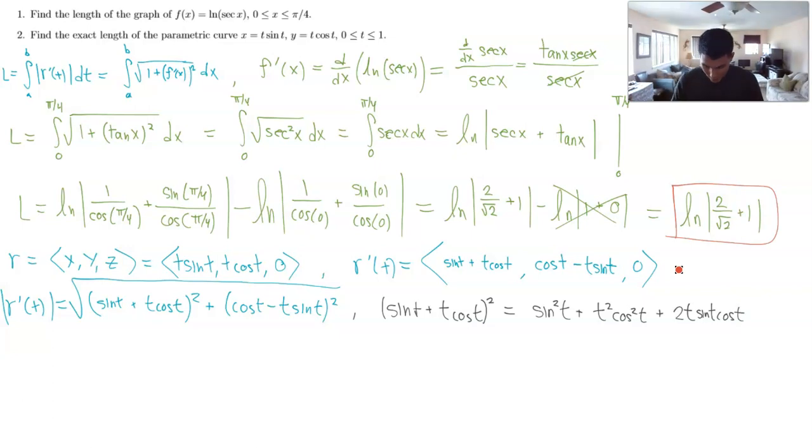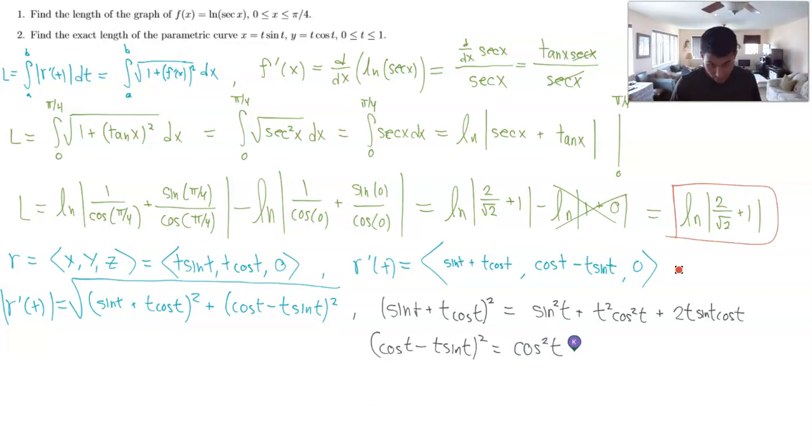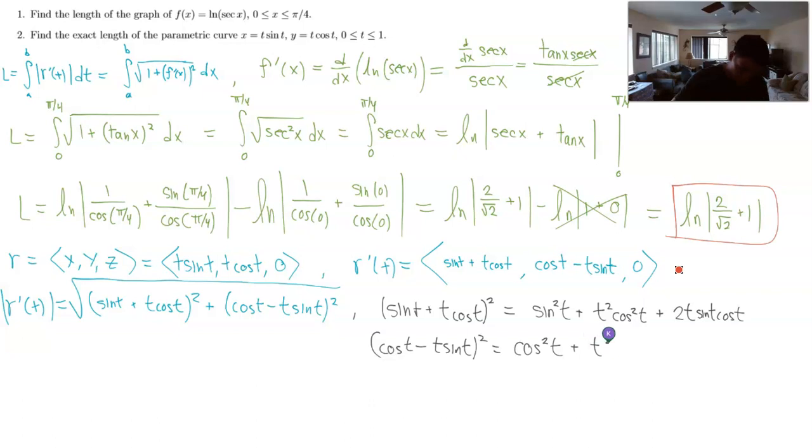Okay. The next one, what do we got for this one? We got cosine t minus t sine t, squared. It's going to be kind of similar. We got cosine squared t plus, and then we'll see a negative t sine t times a negative t sine t. It's a positive t squared sine squared t. Then we'll have a negative t sine t times a cosine t, and we'll have 2 of those situations pop up, right?